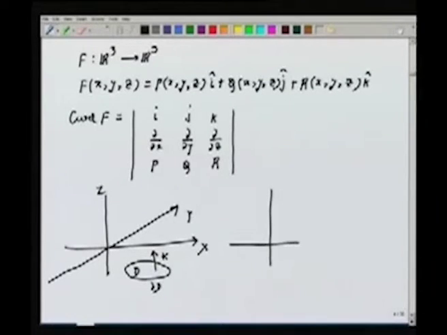Now in the general situation, this is x, this is y, this is z. Suppose I have a very simple surface like this. This is D, the same D, but this time it is not on the xy plane. I am putting it in some oblique position. Then who should play the role of k?